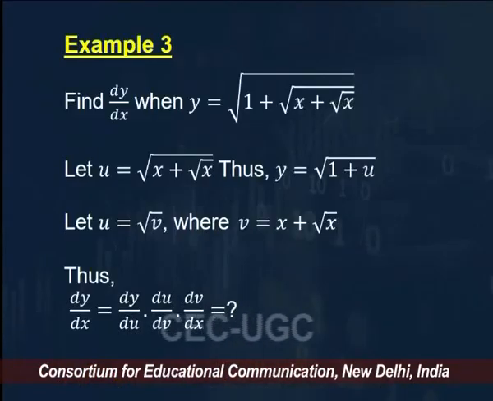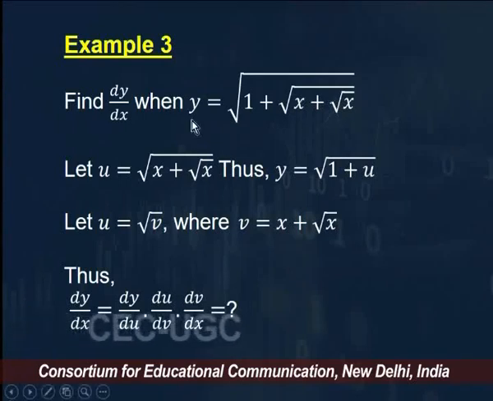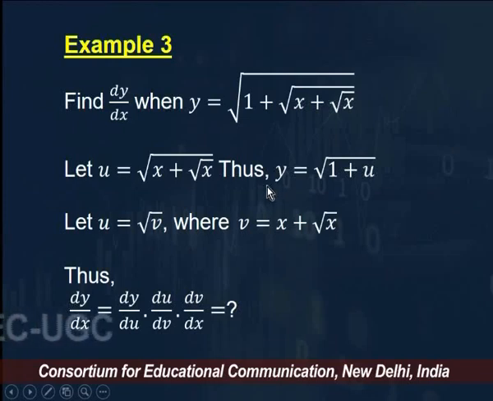So here we have that y is equal to square root of 1 plus square root of x plus square root of x. What I have done here is that I have taken u as square root of x plus square root of x, and that then implies that y is equal to square root of 1 plus u.